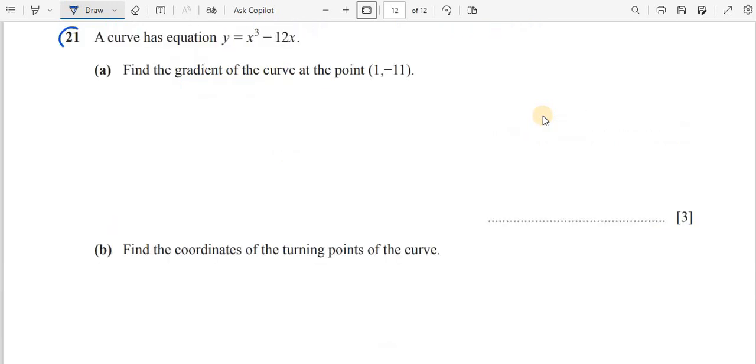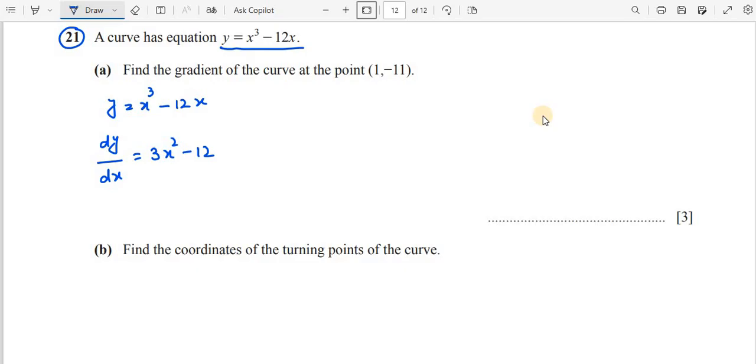Question number 21. The curve has the equation y is equal to x cube minus 12x. Find the gradient of the curve at the point 1 and minus 11. So this is the required equation: y is equal to x raised to the power 3 minus 12x. Take the first derivative, dy over dx is equal to 3x square minus 12.